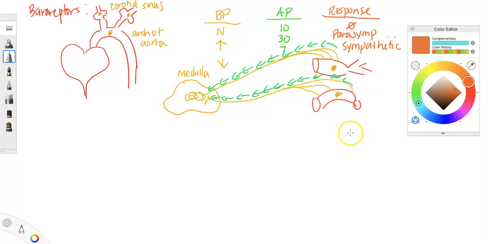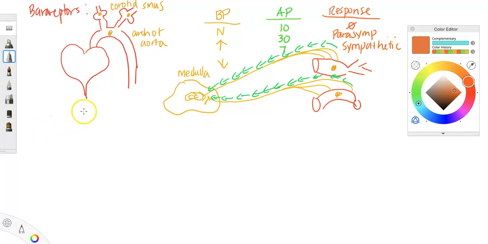Okay. Now I just said that the sympathetic nervous system is what innervates blood vessels. So basically certain things are going to have to happen in order for the sympathetics to increase blood pressure and for the parasympathetics to decrease blood pressure. Okay.